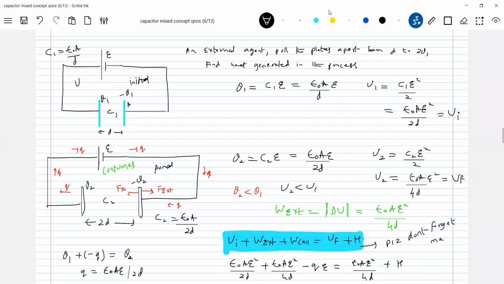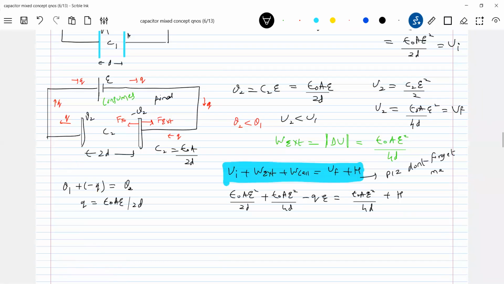Check all the values. Now look at the heat H. So substitute the value of Q. Substituting this, how much are we getting? 0.